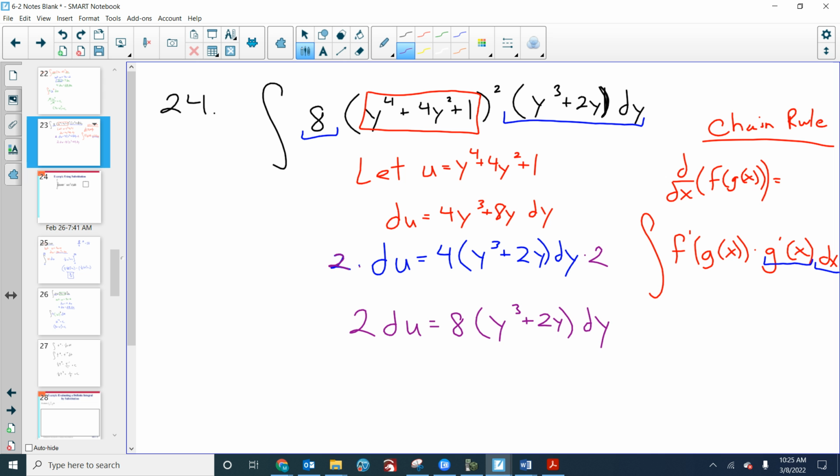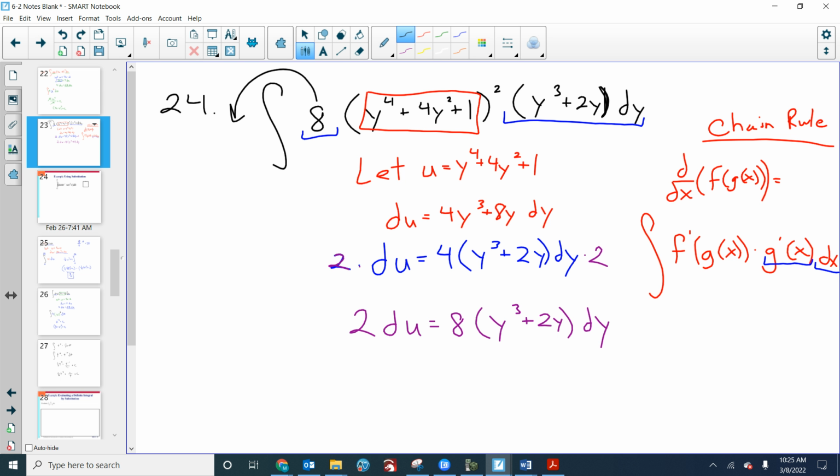That's one option. I'm going to give you guys another option. I know sometimes when you're given too many options, it's overwhelming. I'm not trying to do that. But I bet some people brought the 8 all the way out front and let it just roll for the whole time. I'm just going to ignore the 8 because the constant in derivatives and antiderivatives just goes along for the ride.